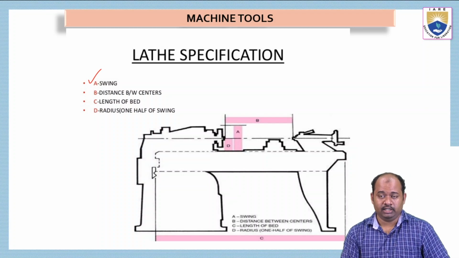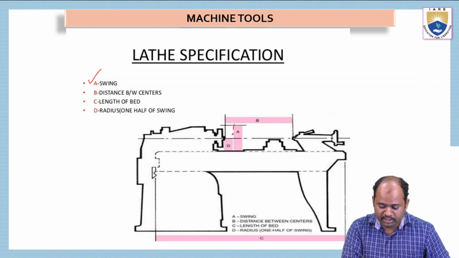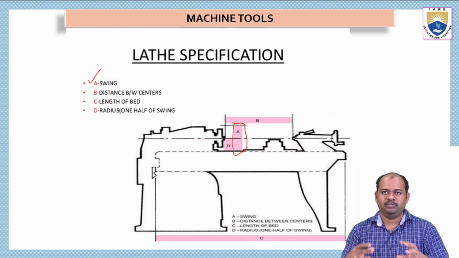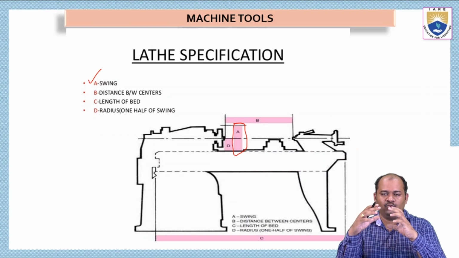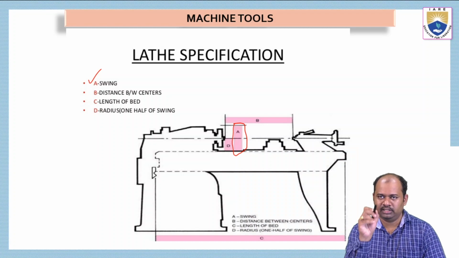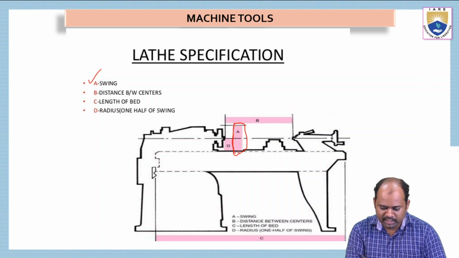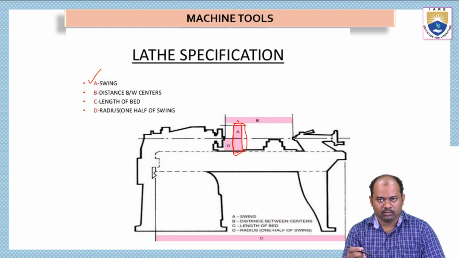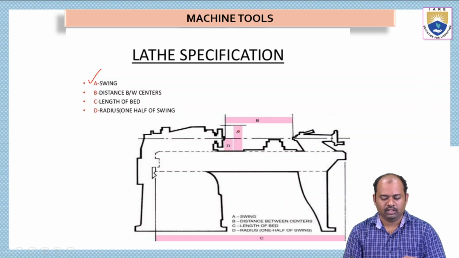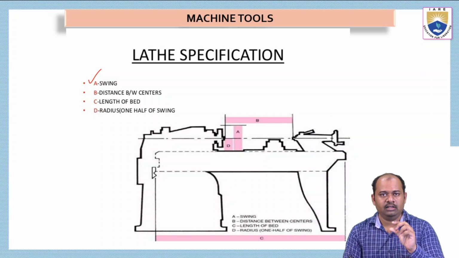Swing is nothing but the rotational speed. It's not the rotational speed. It is the area through which the workpiece can be rotating. You can see here this area, colored pink and noted as A. In this area we can make the workpiece rotate.